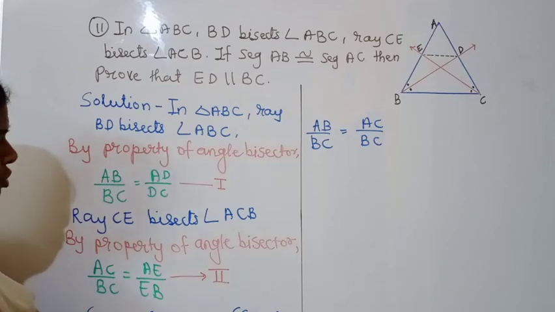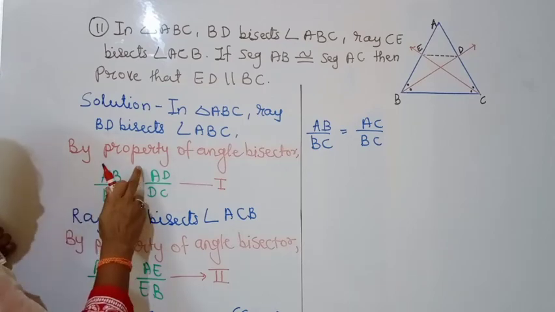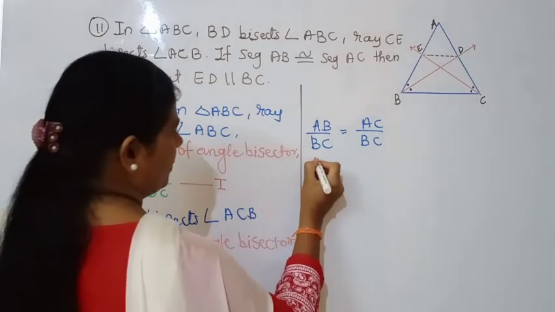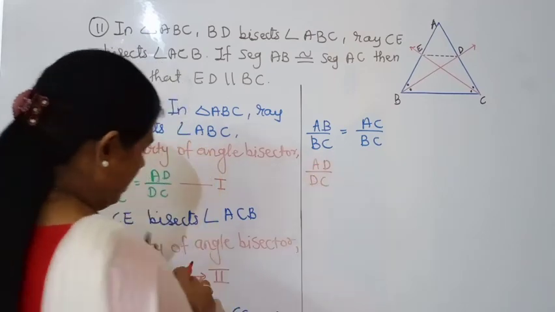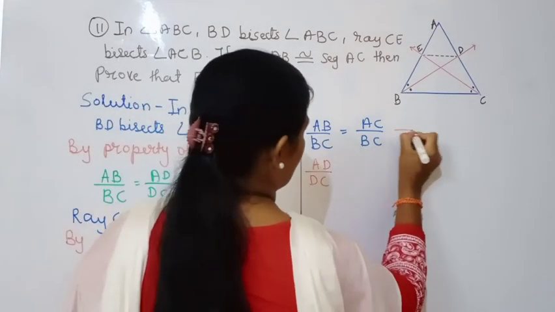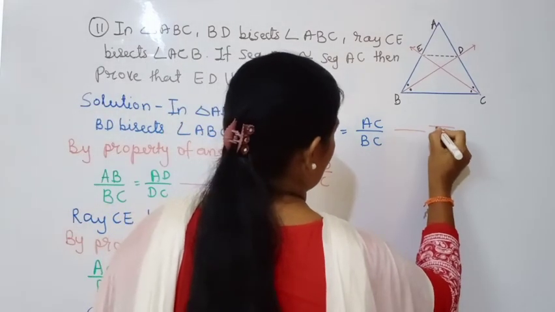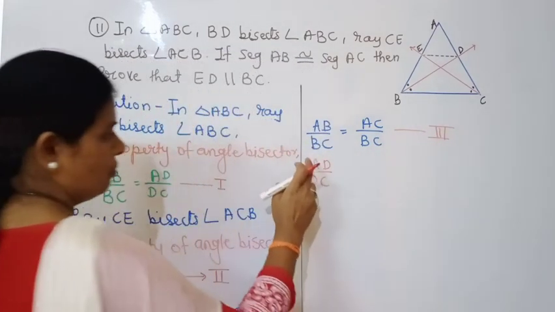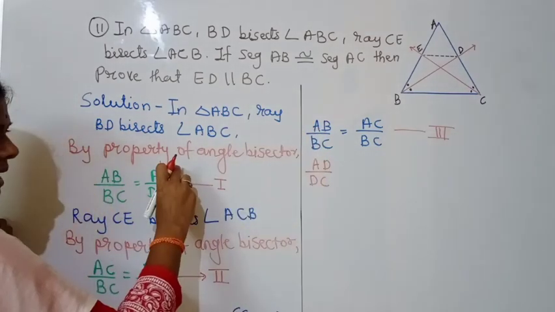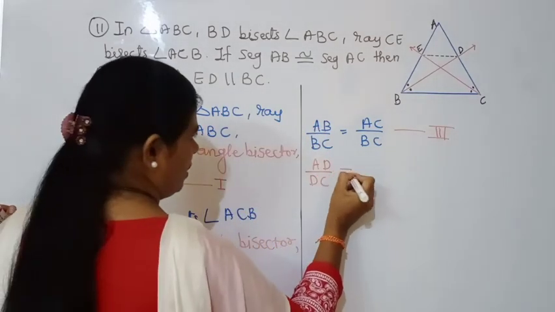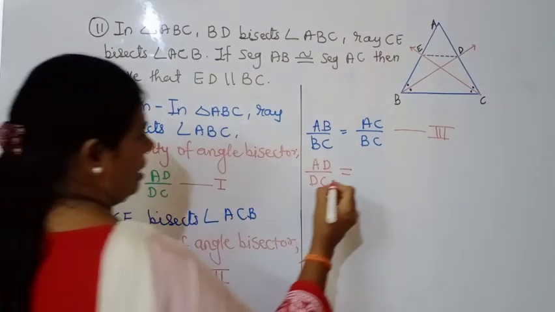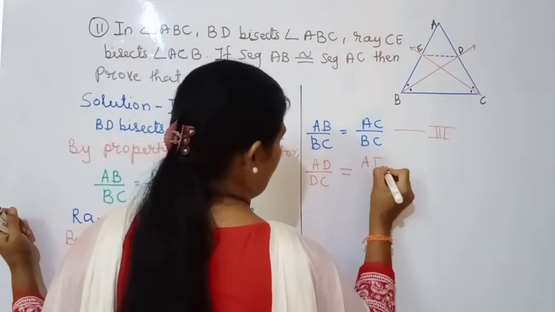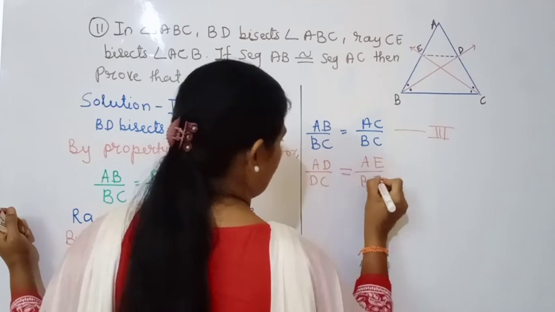Now we will write the ratio. See, now AB upon BC is what? AD upon DC. Okay, we'll give the number here as number 3. What ratio do we get? AB upon BC means AD upon DC is equal to AC upon BC, which is equal to AE upon BE.